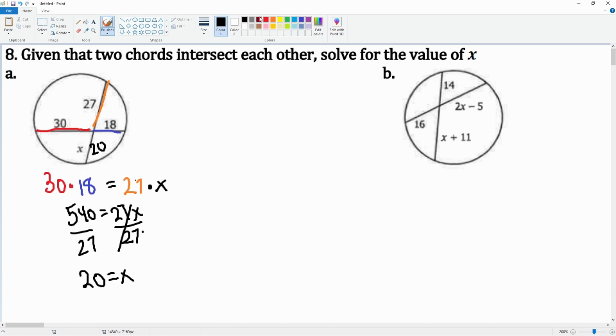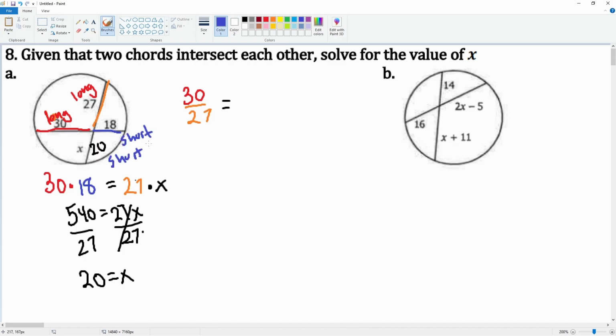Okay, that is all it's saying is that 30 divided by this 20, okay? So this long part of the chord is going to be equal to this short part of the chords.